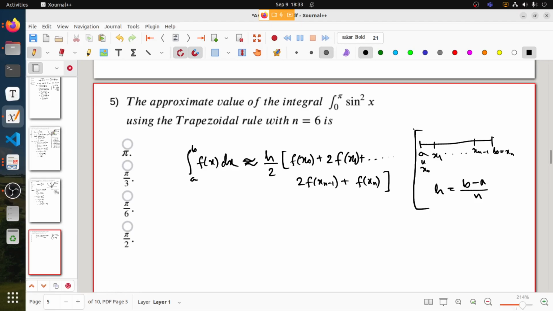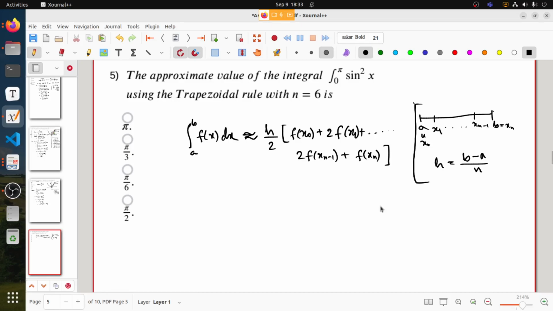So f of x0 and f of xn have no coefficient, and all other terms from x1 to xn minus 1 have a coefficient of 2. So the trapezoidal rule says that the area of this integral is approximately equal to this, right?